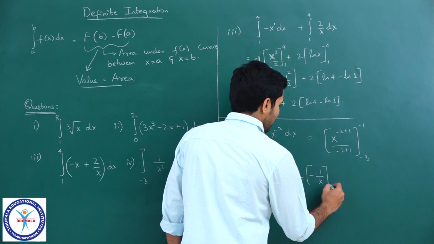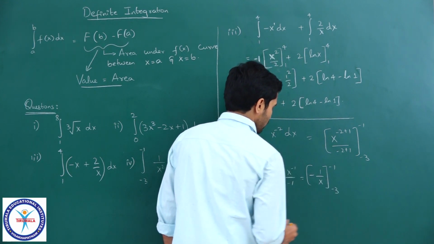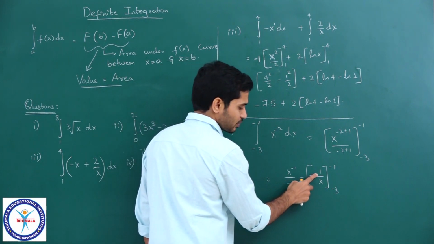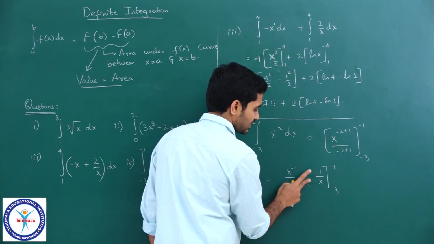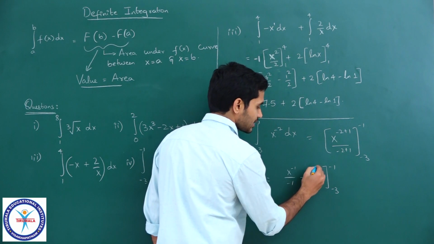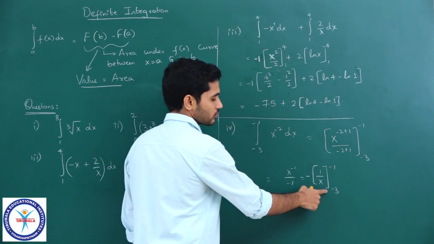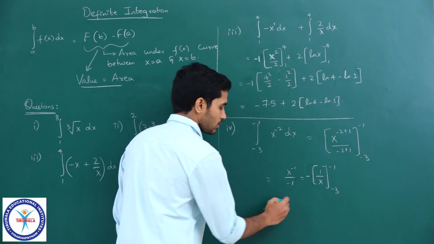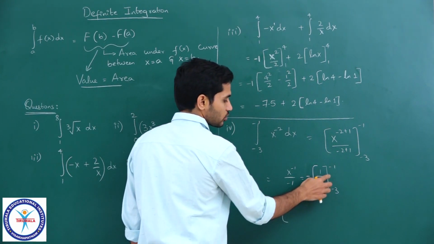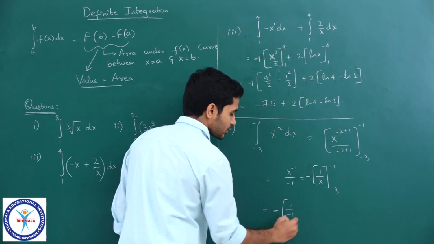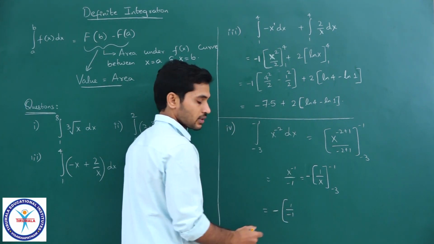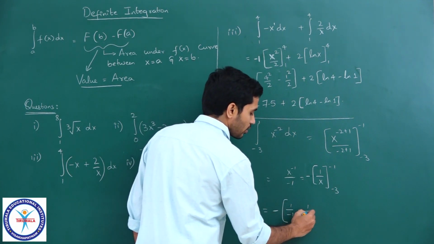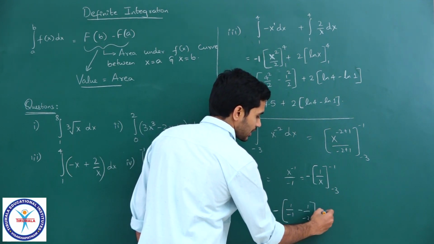So, this is what I will have to do, minus 3 to minus 1. I will bring this minus outside so that it is easier to understand, and then perform the substitutions into this. So, first I should substitute minus 1, so 1 by minus 1, right students, minus, then I should substitute minus 3, 1 by minus 3, that is it.